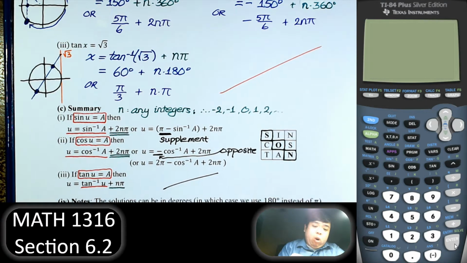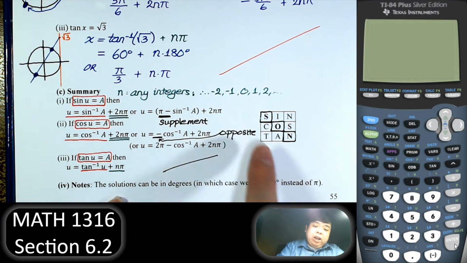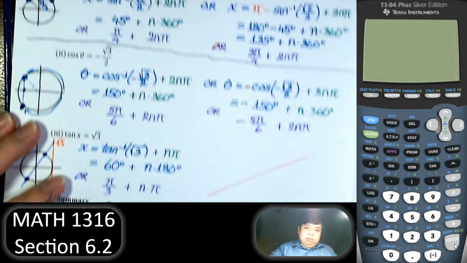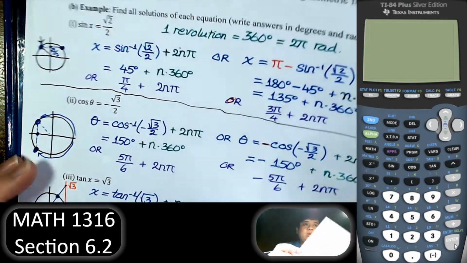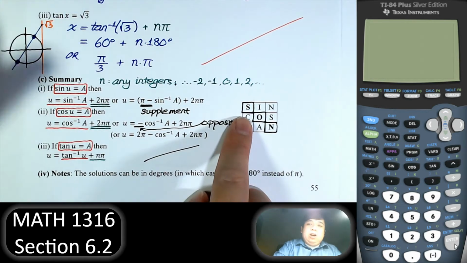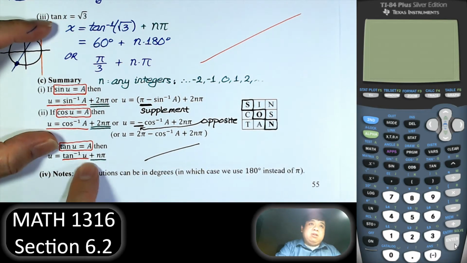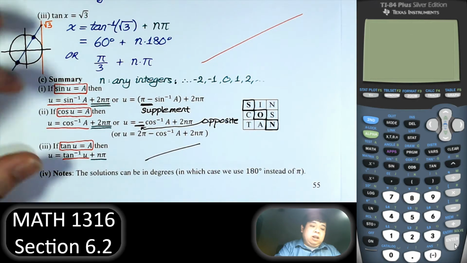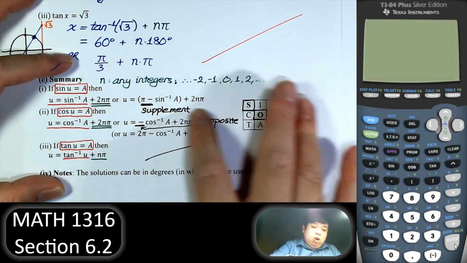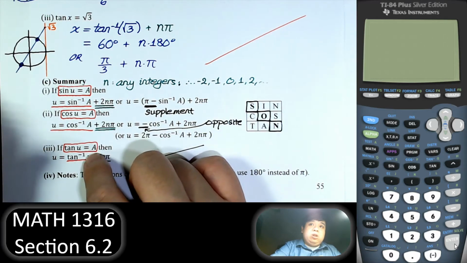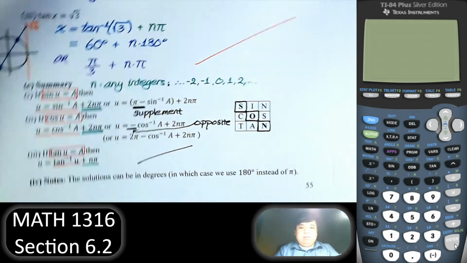Of course, if you want, you can write 180 in place of pi. So sine has the supplement, cosine has the opposite, tangent has nothing except the period is pi. As long as we remember that, for cosine, sine, and tangent we just have the inverse. So that's simple enough.